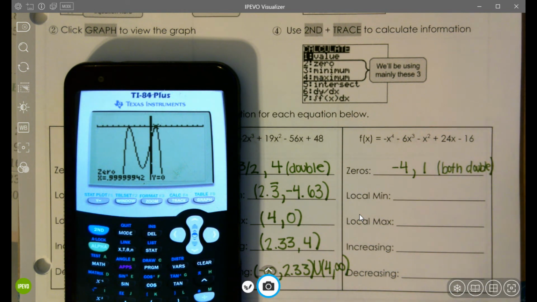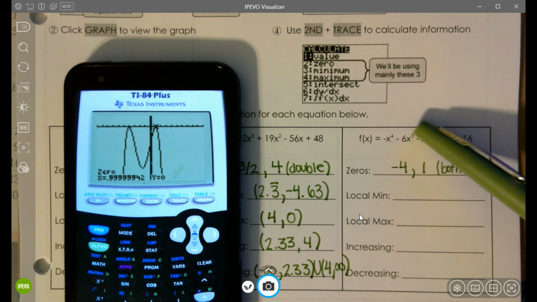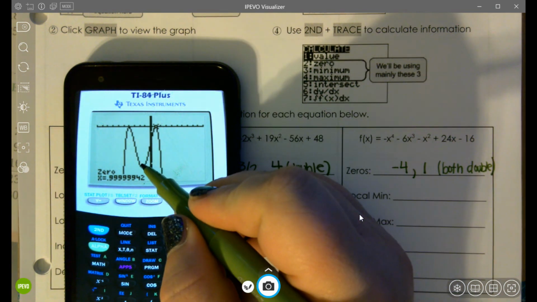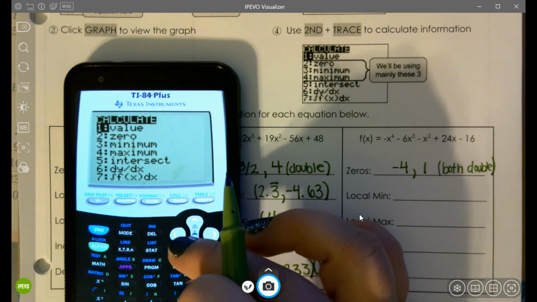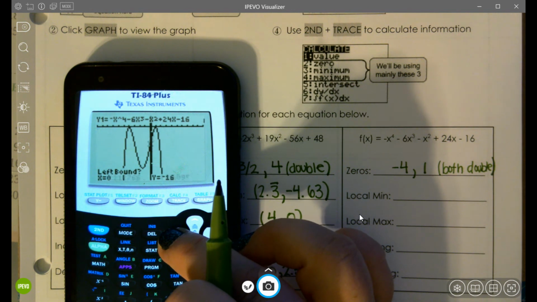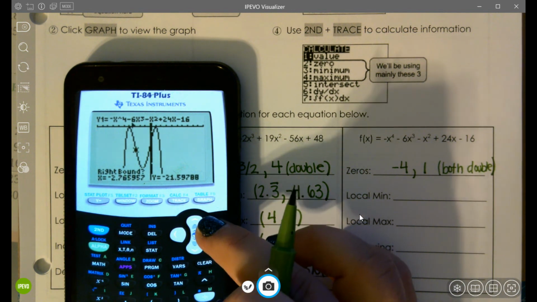Okay? And both of those are bouncing. So they are both double roots, which is why I have only 2 zeros, but it's a 4th degree because both of them count as 2. And I have one local min, it's right here in the middle. So I'm going to go second trace minimum. Going to go to the left of it. Enter. Go to the right of it.